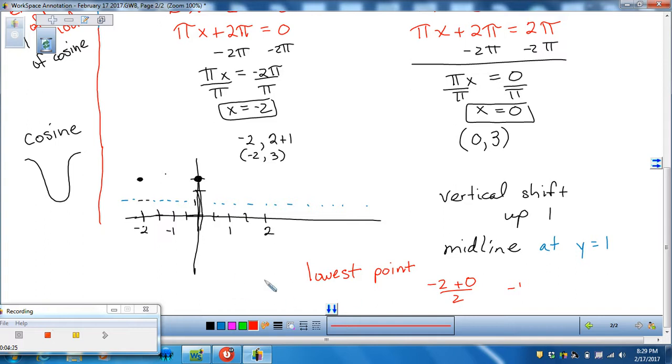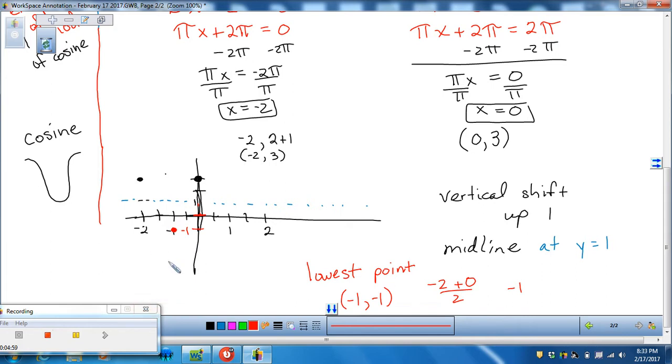So my lowest point will be located at negative 1, comma, two below the 1 value. So if I drop down 2 spaces below that, I will be at negative 1. So my low point will be at negative 1, negative 1. I'm going to put a point right down there. Notice that my amplitude is 2 above the line. My amplitude is also 2 below the midline. So that should be equally spaced.